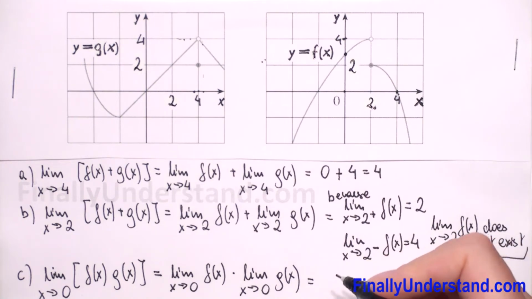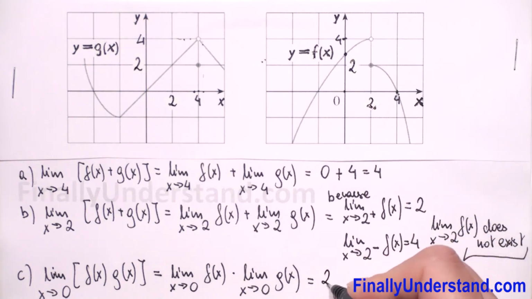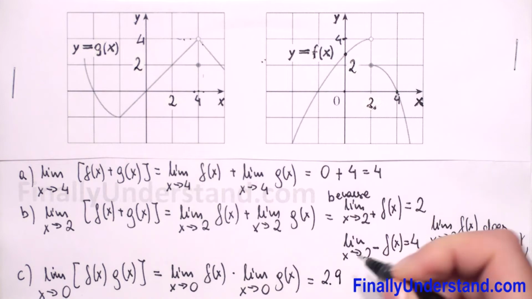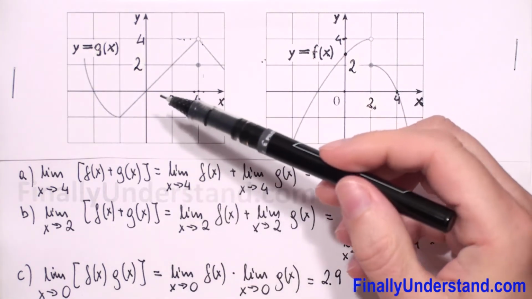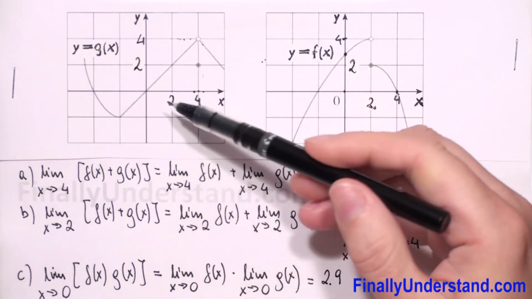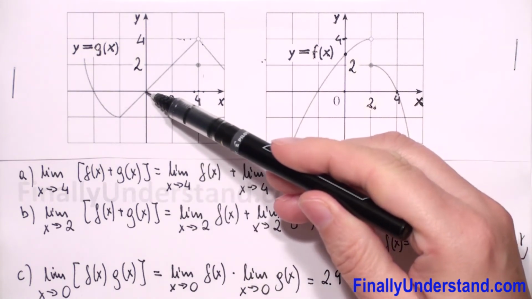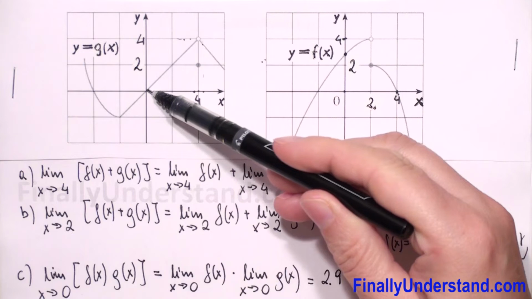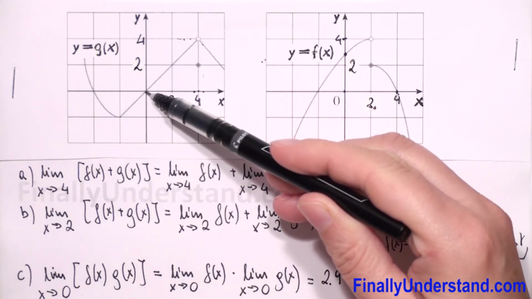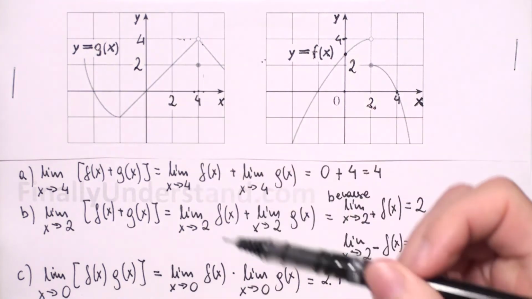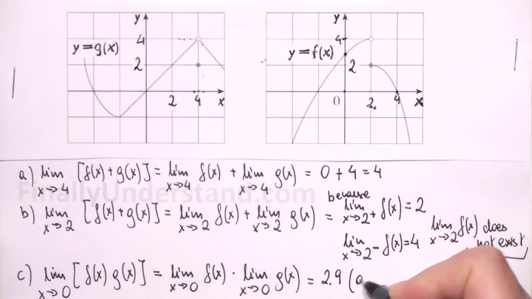We can write approximately 2.9. And now we are going to g. When we approach 0 from the left side, we see that the value of our function goes to 0. So we have times 0, so this is equal to 0.